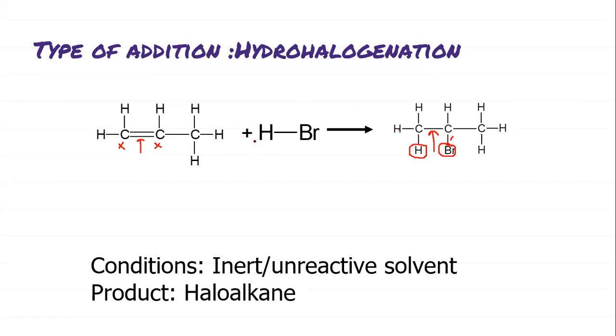But what type of addition is this? In other words, I am explaining what I have actually added. And I can see that I added a hydrogen and I added a Br, which is bromine. And I know that bromine is a halogen.